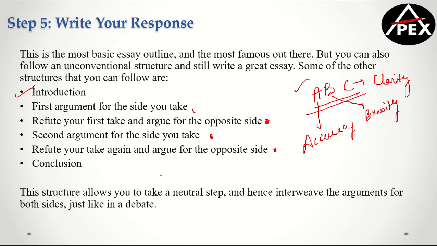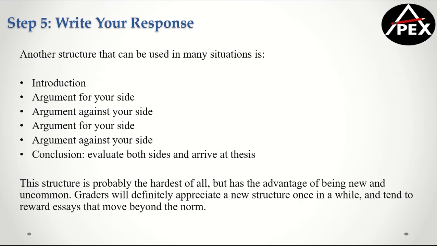Okay. Now, in this kind of structure, this will allow you to take a neutral stand and hence, this will interweave the arguments of both sides just like a debate. Now, this is very, very unconventional and usually we won't follow this structure. But in case you want to take a neutral stand, this is one of the best structures out there.